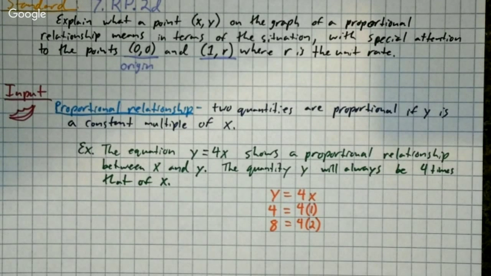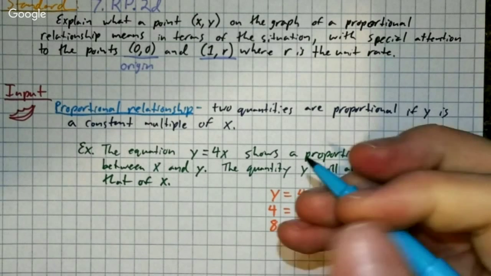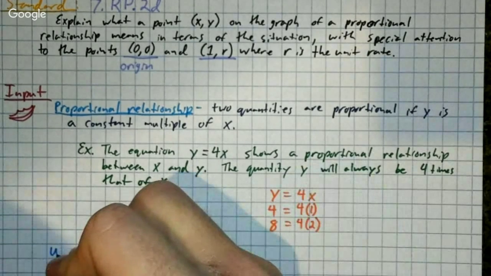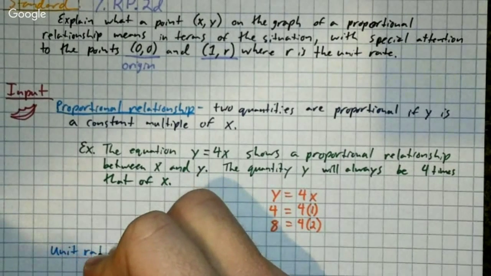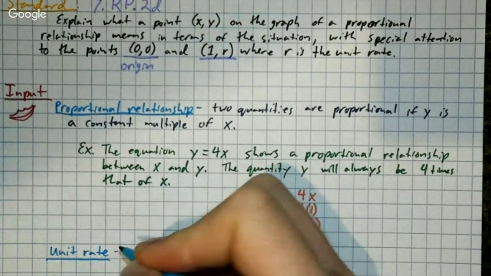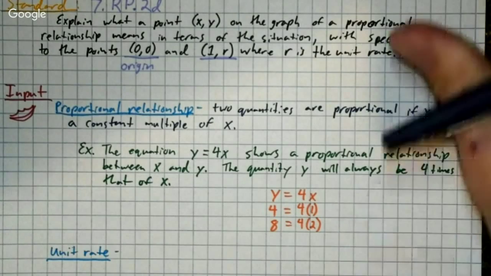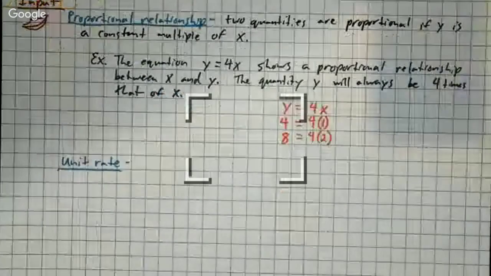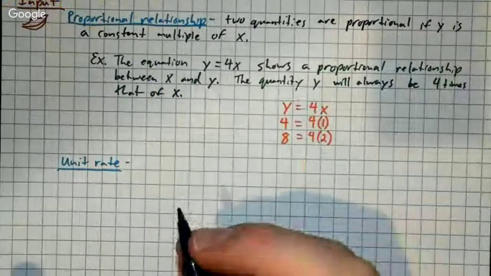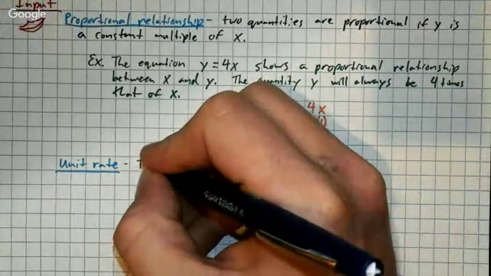Okay, our next language of the discipline is one that we've already done, but I'm going to write it down again, and you're going to write it down too: unit rate. What is a unit rate? I know we already have it in our notes. But a unit rate is the rate for 1 unit of a given quantity.